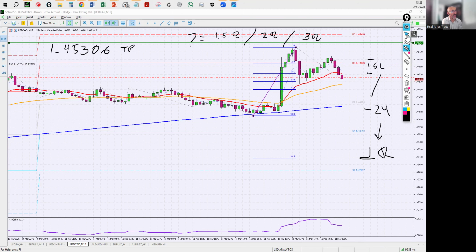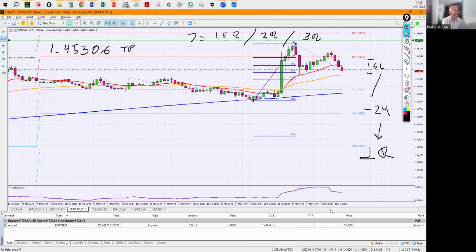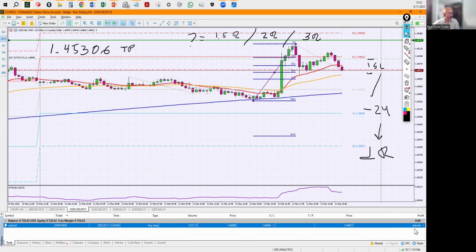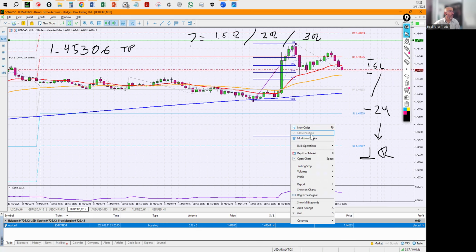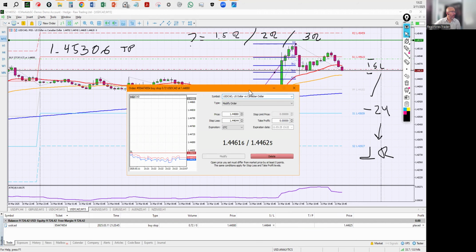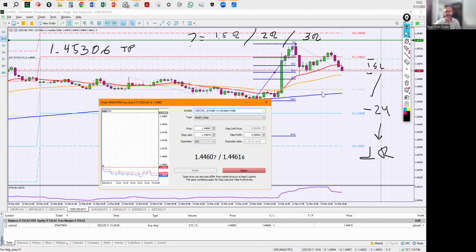Now, something we need to know is, if I want to modify my trade, what is the place to do that? Here on your trade, when it is placed but not triggered because it was a buy stop, you right click and modify the trade. The modification is on something that I didn't set, the take profit.